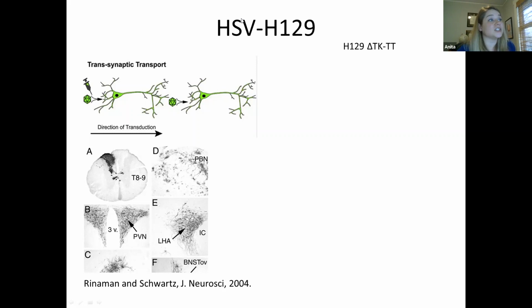So it's not actually plain HSV. HSVs can be used just for infection of cells, but the H129 version was, I think, isolated from a human patient that had severe encephalopathy with HSV. So that's how they identified it. Basically this HRP delivered with HSV H129 was delivered to the stomach, and then they could see labeling in the paraventricular nucleus.